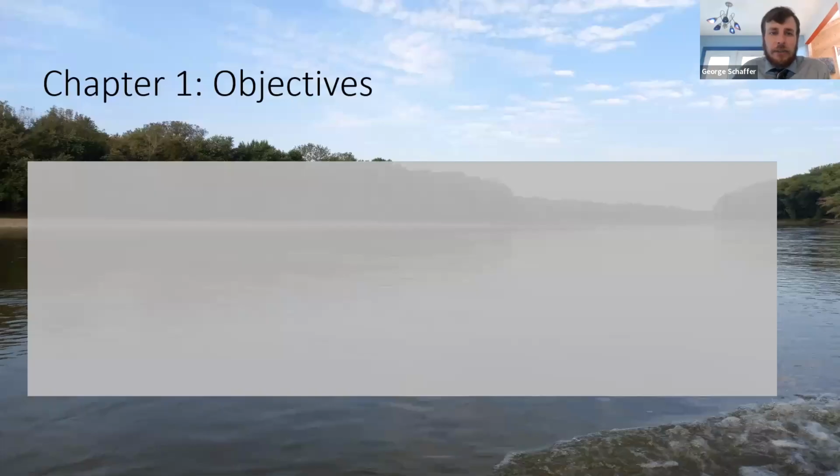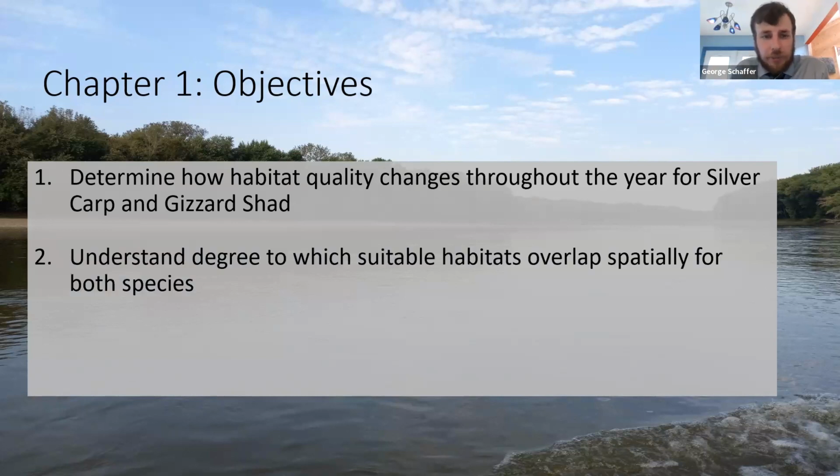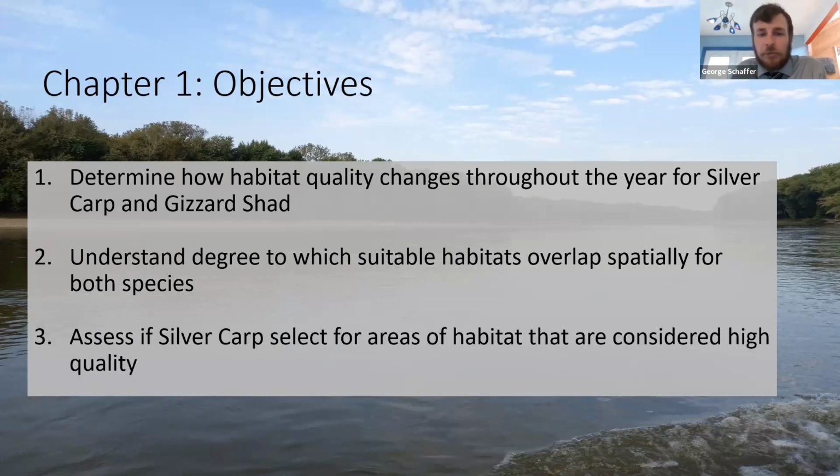So the objectives of this chapter are to, 1, determine how habitat quality changes throughout the year for silver carp and gizzard shad. 2, to understand the degree at which suitable habitats overlap spatially for both species. And 3, to assess if silver carp select for areas of habitat that are considered high quality.